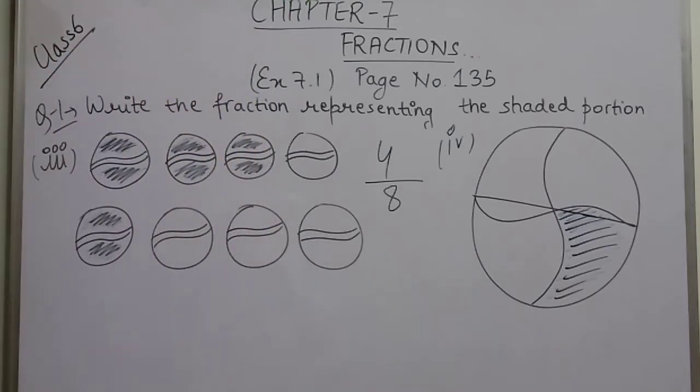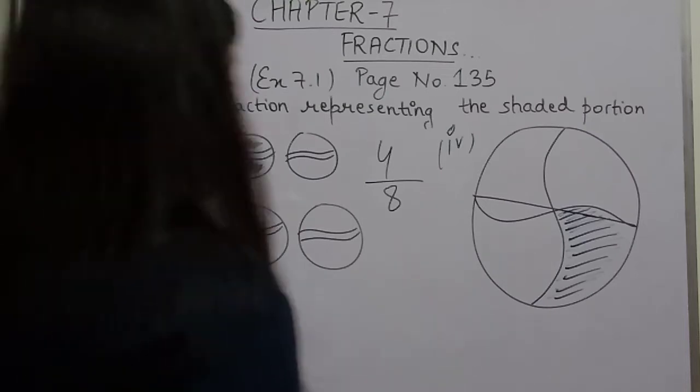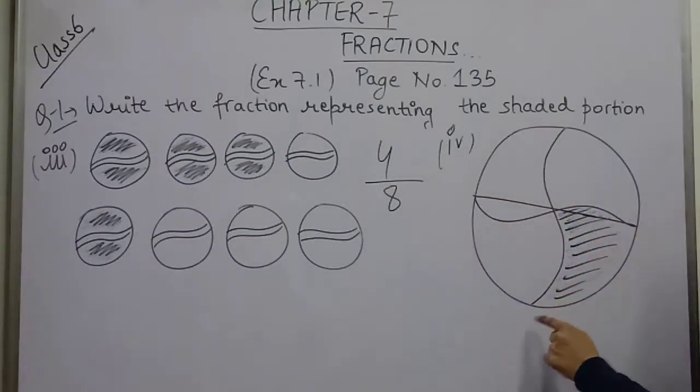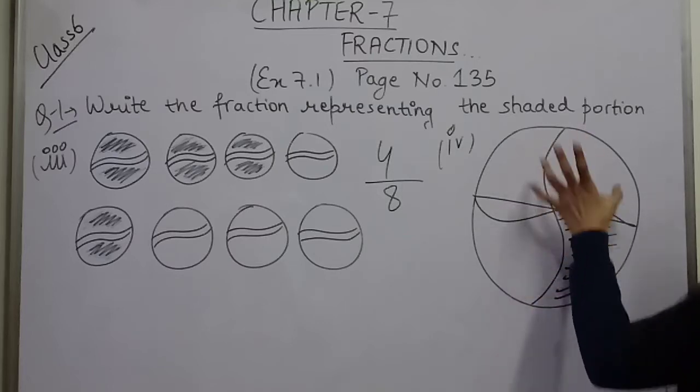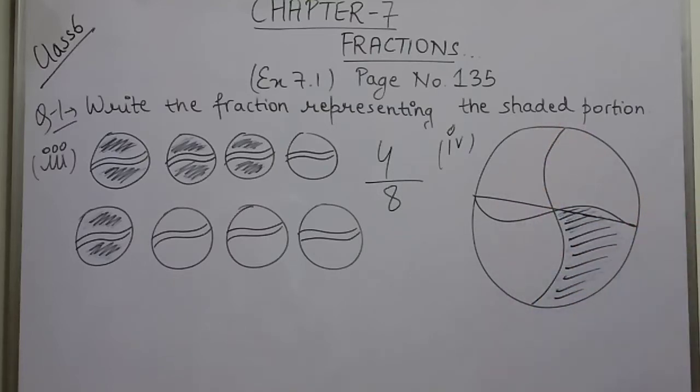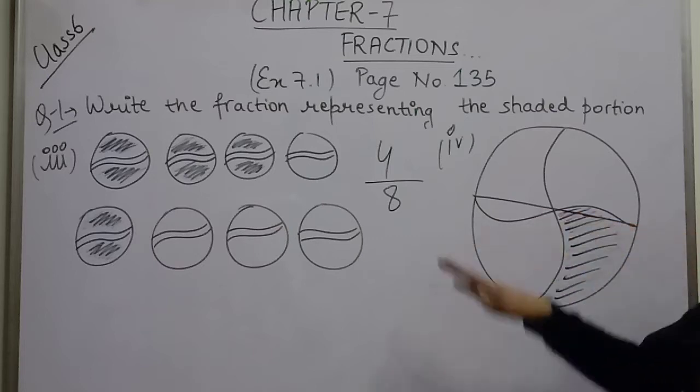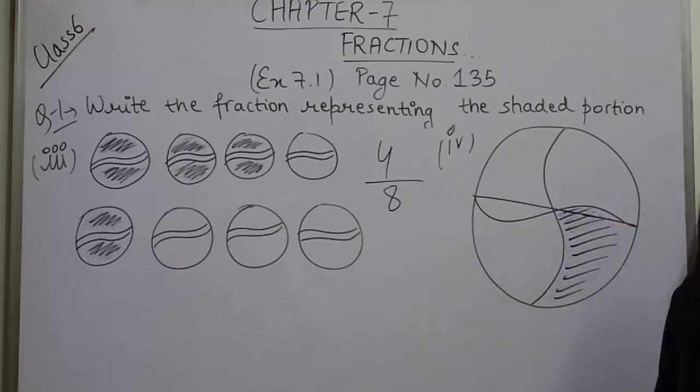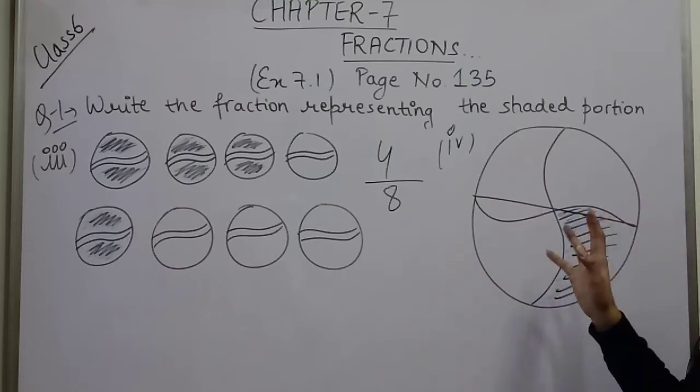So now we can see a circle, and in that circle this zigzag line and this zigzag line is dividing this circle into 4 equal parts. But in the middle a line has been drawn which has no use, and do not think that because of it the parts have increased.